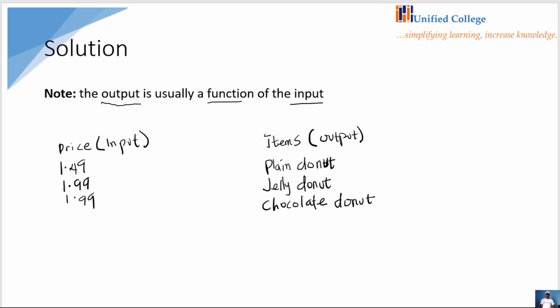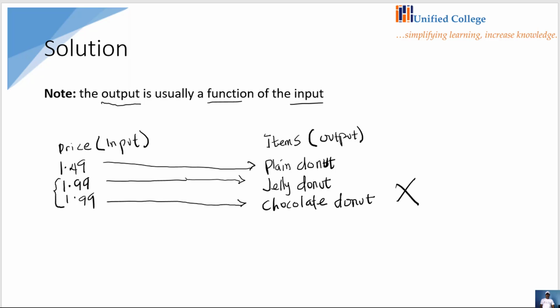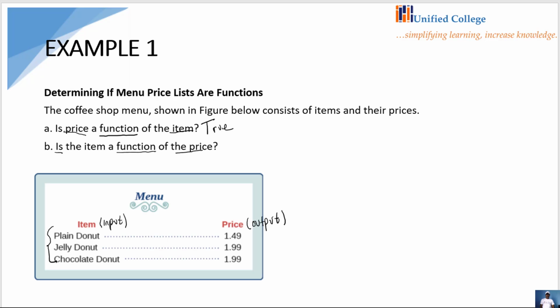Your input is unique only if none of them is repeated. But unfortunately, you can see the price for jelly donuts and chocolate donuts is repeated. So this is never a function. Hence, our answer to question 2, is the item a function of price, is false.